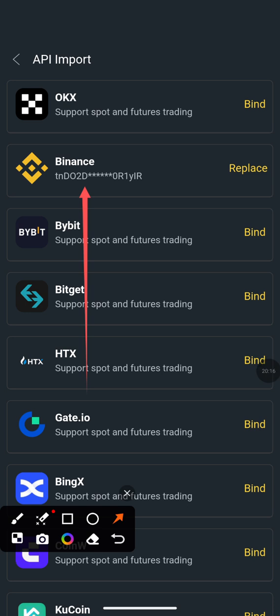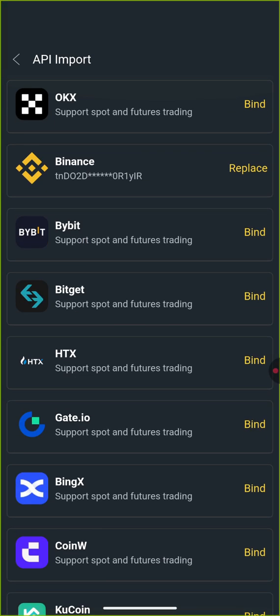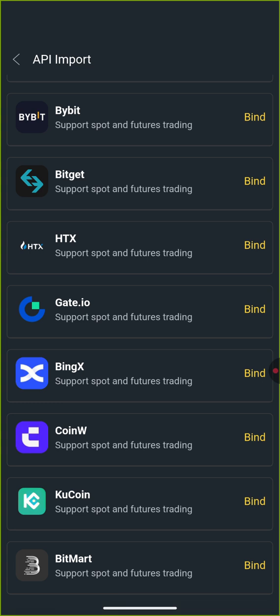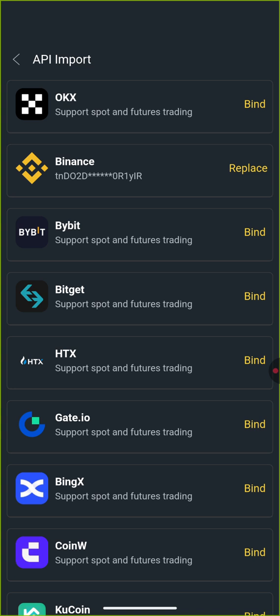You can see I'm using Binance Exchange, the best exchange, with the highest volume, highest number of coins, highest security. But we have other exchanges you can choose from: OKX, Bybit, Bitget, HTX, Gate, BingX, CoinW, KuCoin, Bitmart, and we're still going to add new exchanges next year to make it easier to connect with ApolloBot software wherever you are in the world.